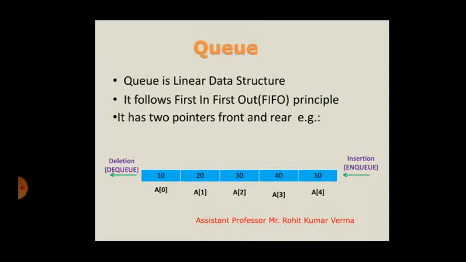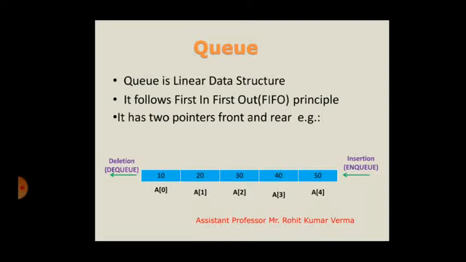So dear students, whenever you are performing an insert operation in a queue, that operation is performed at one end and that end is known as rear end. And whenever you are performing a delete operation, that delete operation is performed at another end and that end is known as front end.